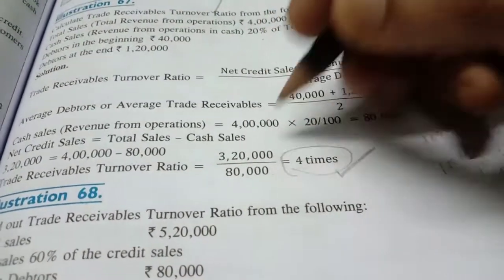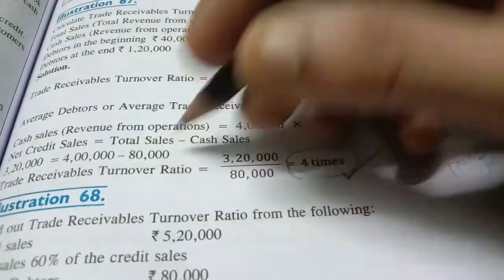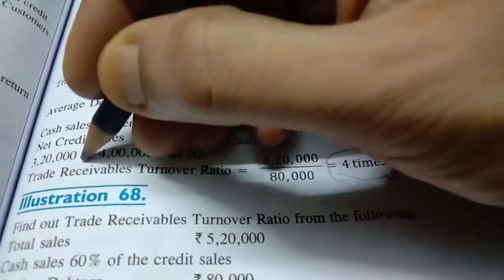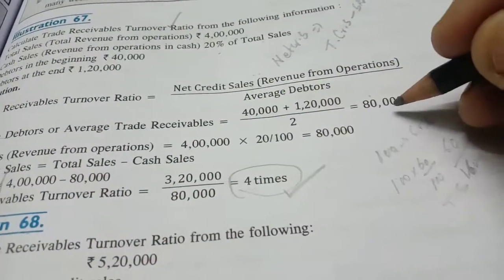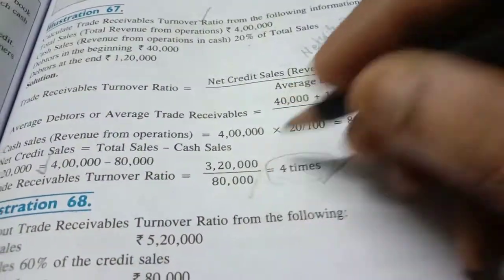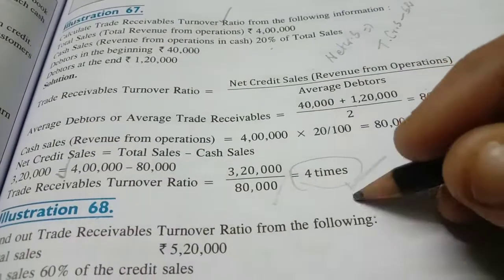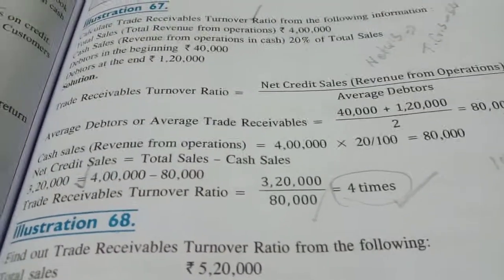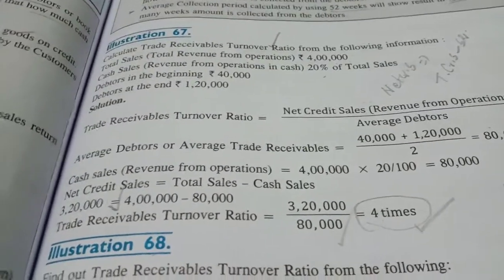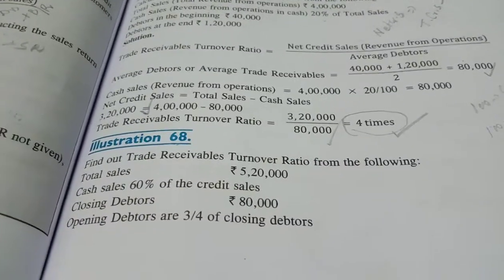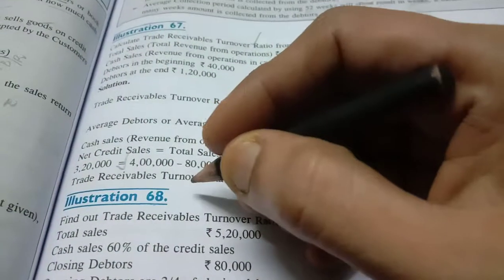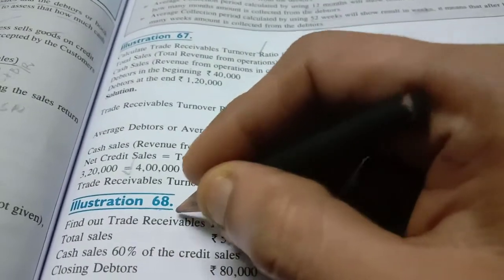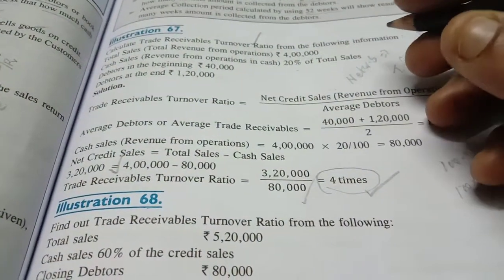Net credit sales is 3,20,000 and average debtors is 80,000, so the result is 4 times. Okay. We will continue the sums in the next class. Do all the sums in your classwork note.